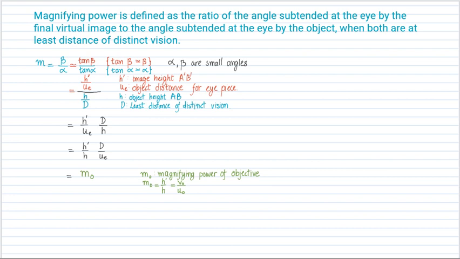Now, in a similar manner, the magnifying power for the eyepiece. Okay, so let us consider the magnifying power of the eyepiece. ME denotes the magnifying power of eyepiece.